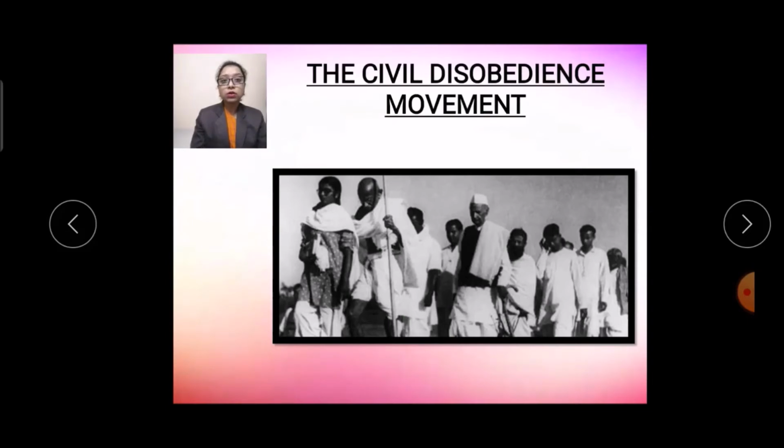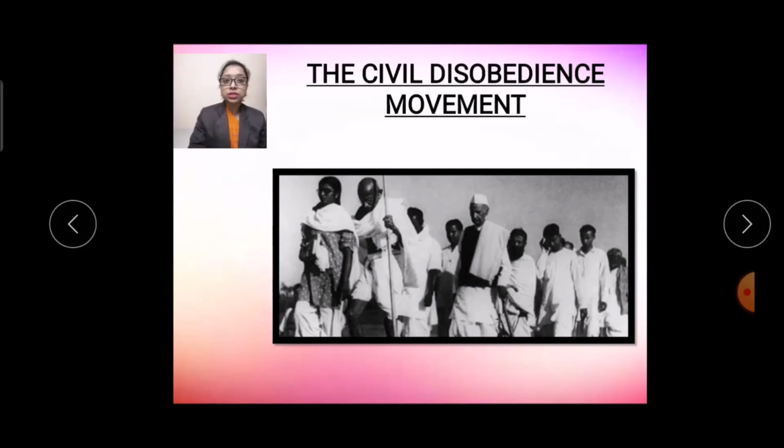The salt law passed by the British prohibited or banned Indians from making salt.